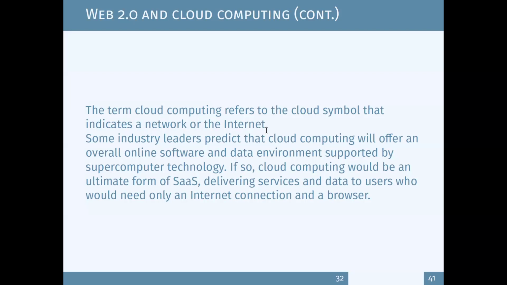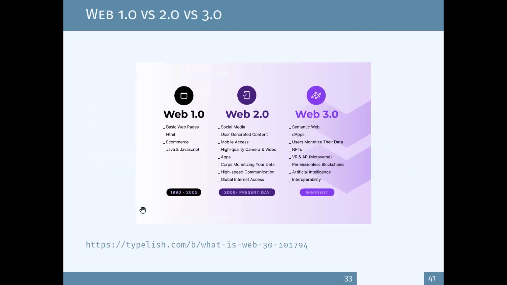People have talked a lot about cloud computing in the last couple of years, which provides you complete online software and also maintains data, using supercomputer technology. The minimum requirement is an internet connection and a browser, and you can work with the cloud software.